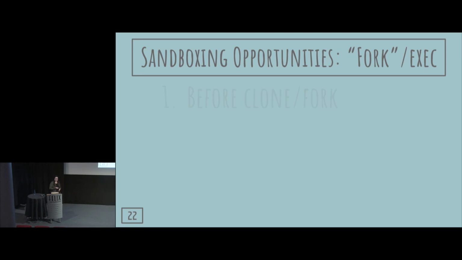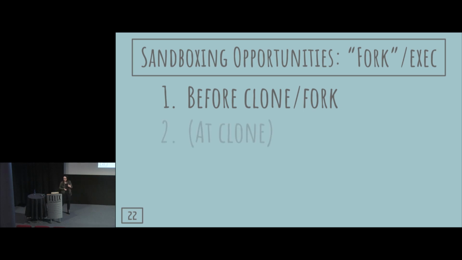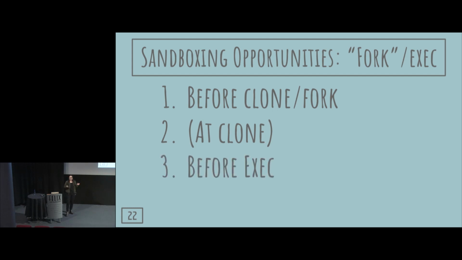But if you combine it with an exec, then you have a little bit more, right? So you have before the clone and the exec like before. Then you have at clone: if you use clone, you can pass a bunch of flags to clone, which will give you some of these policies. Then you have this little period of time after you've created the process, where you're still copies of each other, but before you do the actual exec, you have time to do stuff.